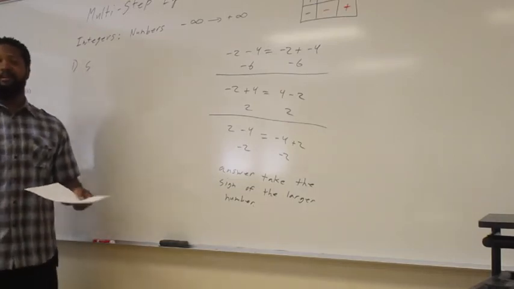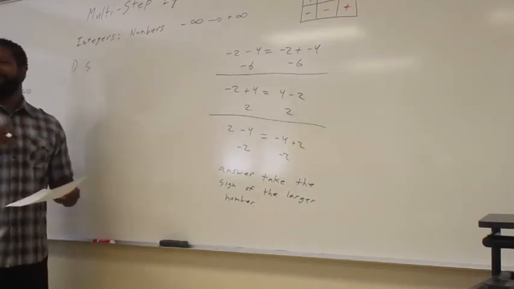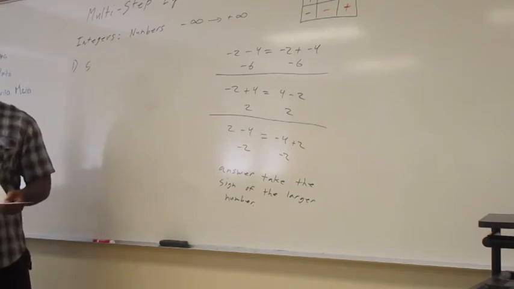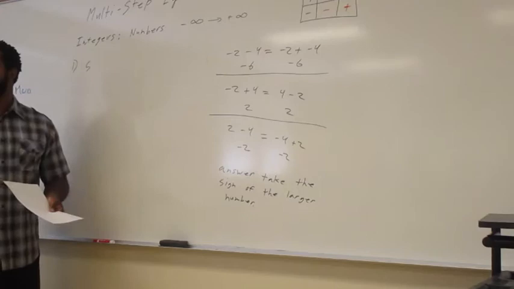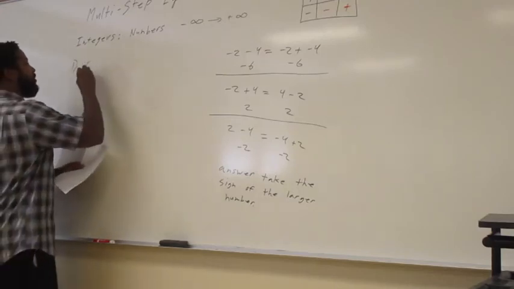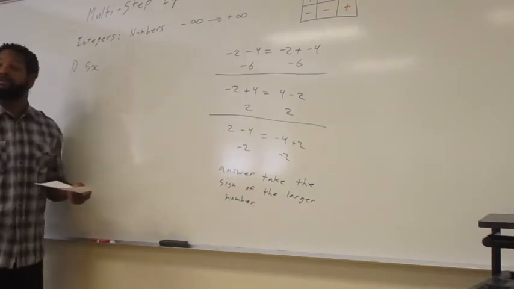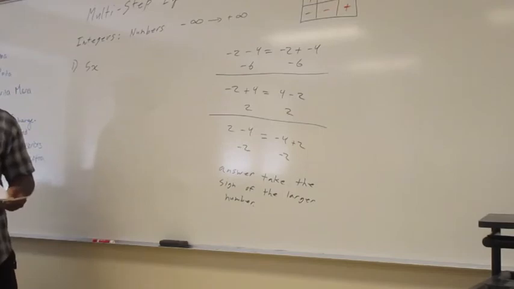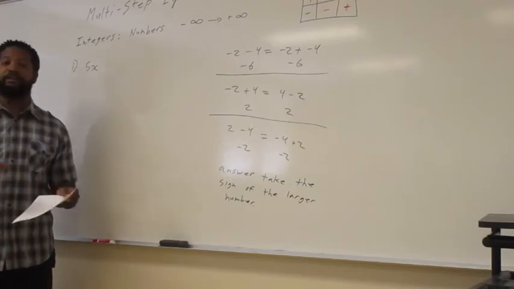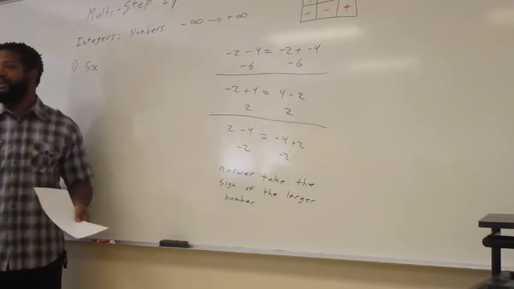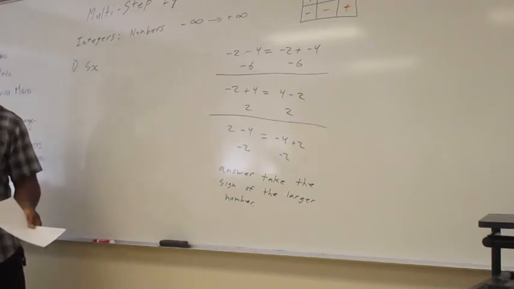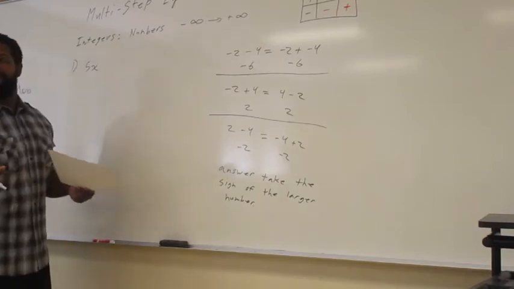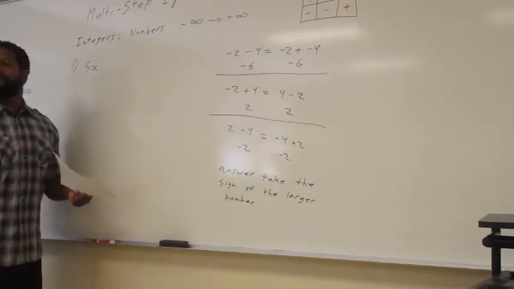But my b's look like 6s, so I don't want to confuse anybody, so I just use x's for all of my variables. And you can do this on the test if you like. If you want to change all of your variables to x's, you can. If you want to make all of your variables z's, you can.